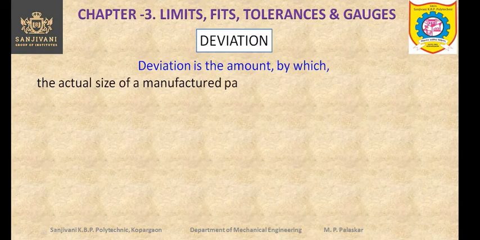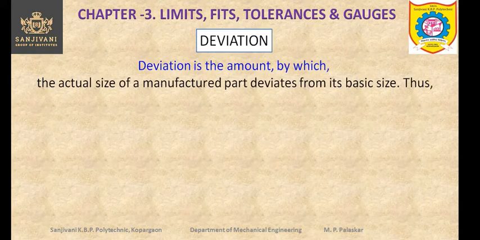Now, what is deviation? Deviation is the amount by which the actual size of a manufactured part deviates from its basic size. The actual size will not be exactly equal to the basic size. It will deviate by a small amount from the basic size. So how much is the deviation?